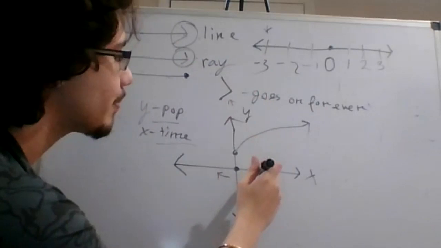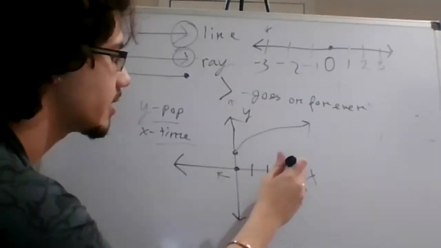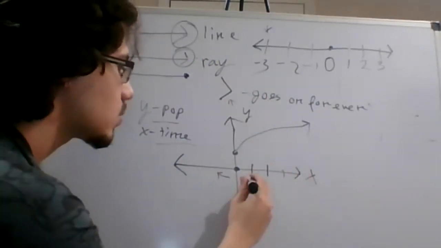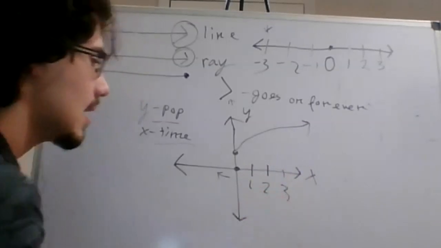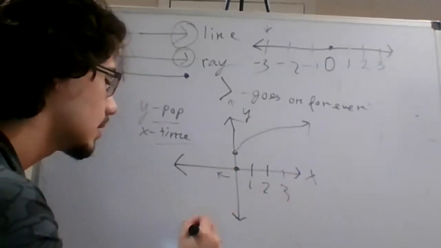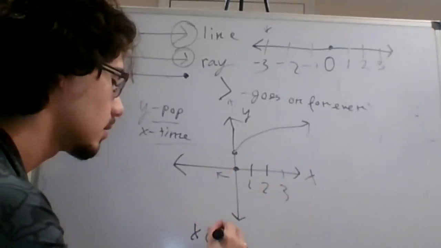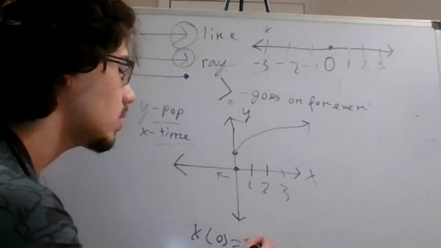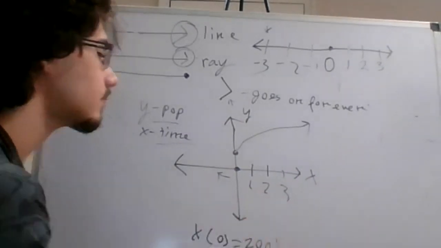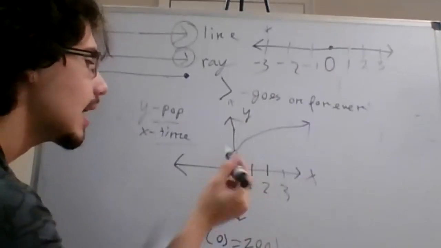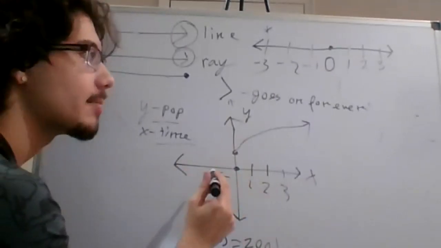If we were to count by years, so that this was year 1, year 2, year 3, and we started off at 2001, what could we say that the negative x-axis describes?